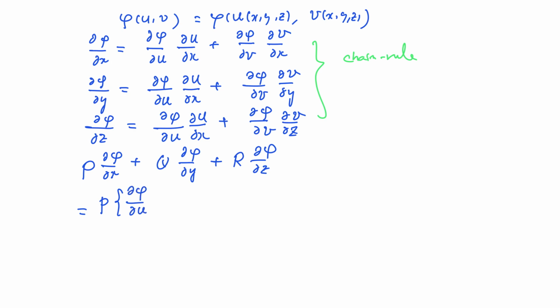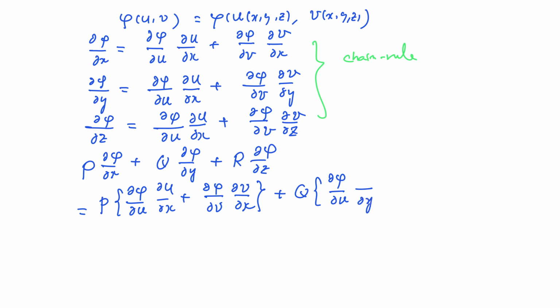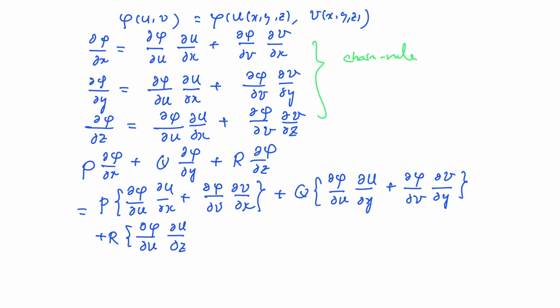Partial phi over partial u times partial u over partial x plus partial phi over partial v times partial v over partial x, plus Q times partial phi over partial u times partial u over partial y plus partial phi over partial v times partial v over partial y, plus R times partial phi over partial u times partial u over partial z plus partial phi over partial v times partial v over partial z.